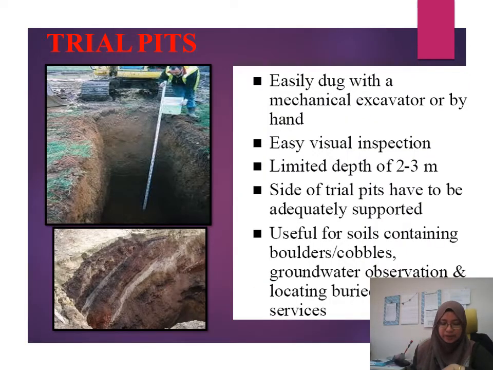The first site investigation method is using trial pit. So what is a trial pit? A trial pit is simply dug using an excavator or by hand. We can use an excavator to expose the ground. A trial pit provides easy visual inspection, meaning that when you excavate, you expose the ground, so you can see the soil layers exposed by the excavation process.